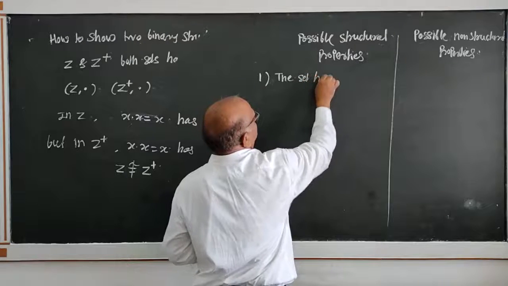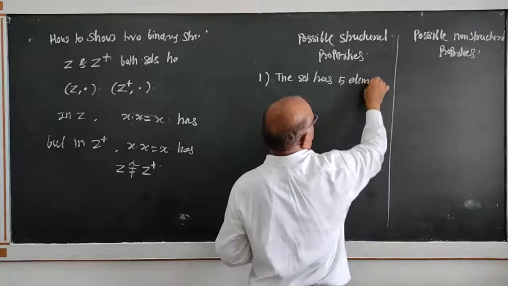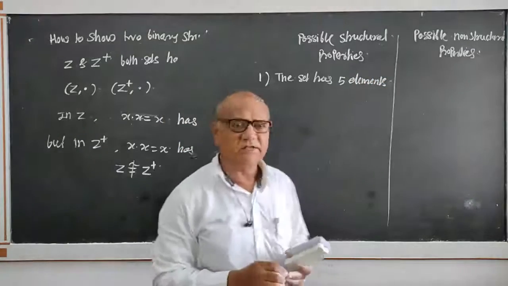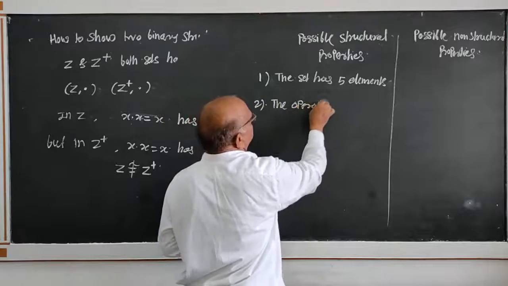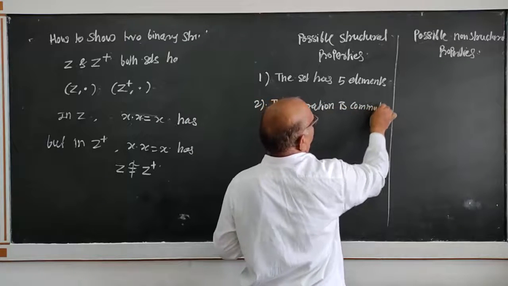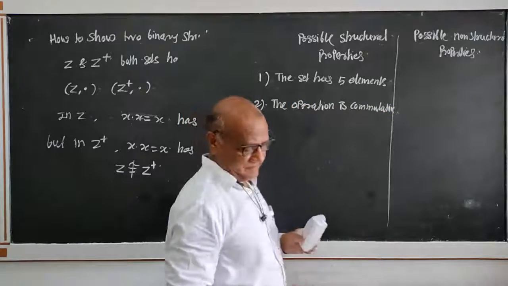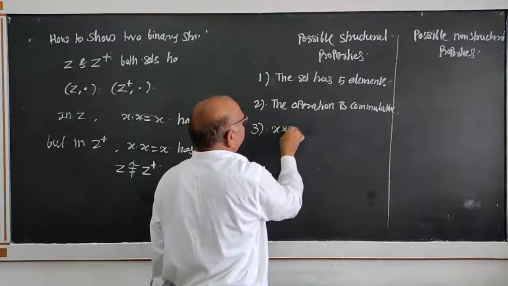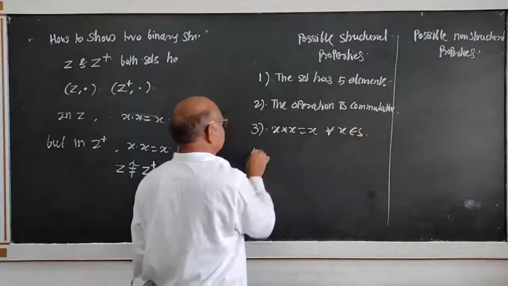The set has 5 elements. Second, the operation is commutative. Third, x star x is equal to x for all x belongs to S. Like this.